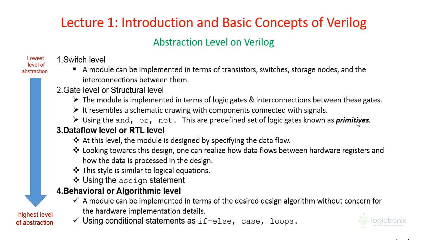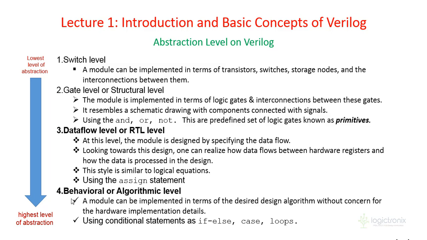The data flow level or RTL level uses the assign statement, and logical equations like K-map based equations can be used at this level. Data flow level is also termed register transfer level modeling.